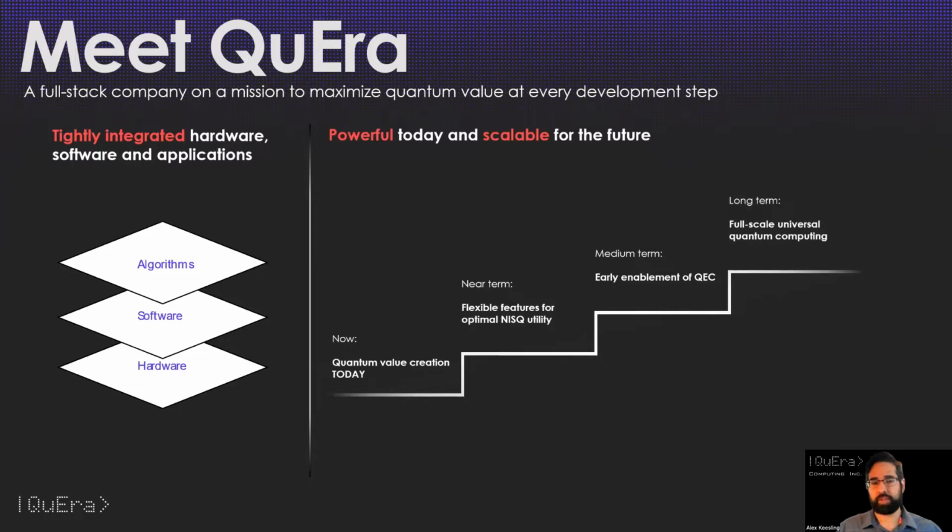In order to deliver this utility at all steps along the way, we're working on developing some of the most powerful hardware out there today, and you'll hear much more about Aquila. But we are also building software and algorithms to help customers achieve the best value that is possible with the existing quantum hardware, and to allow us to continuously improve on that performance.